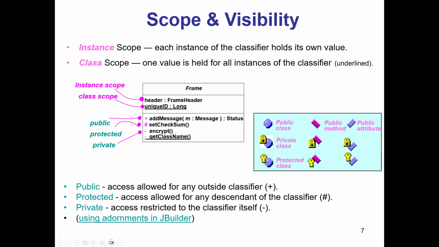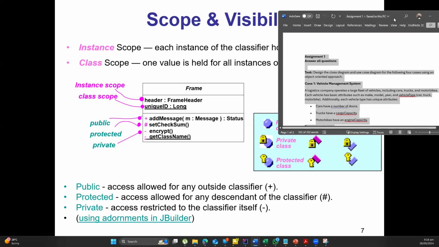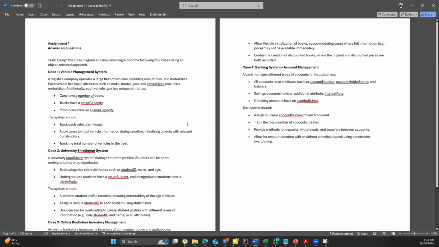For example, if you check your module, you see that your assignment 1 has been placed there. So the assignment 1 you are supposed to do for this semester has been placed there already for you. I have a copy of it over here, but when you go to your module, you will have it there.